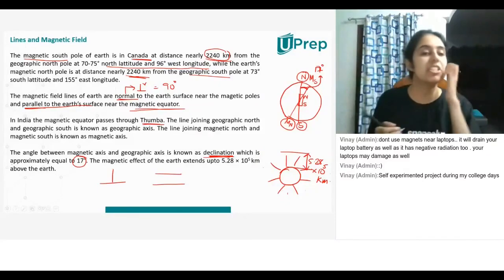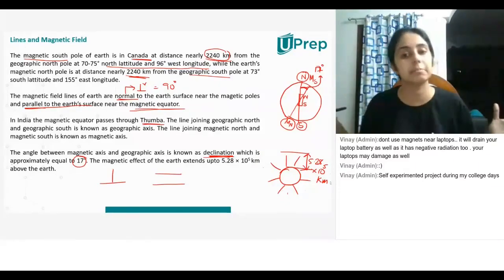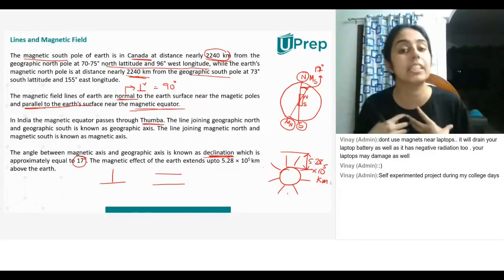That much distance is how far the magnetic effect of the Earth extends.